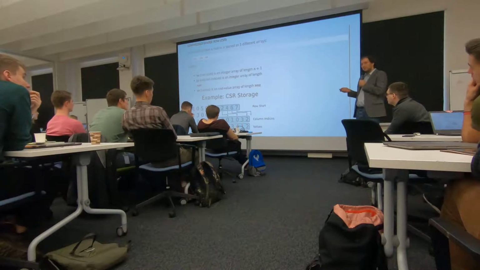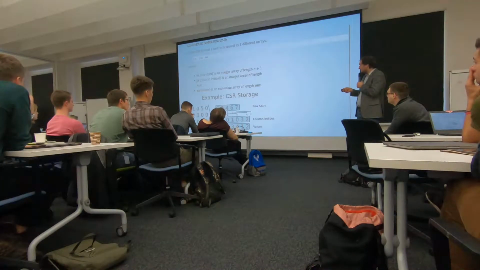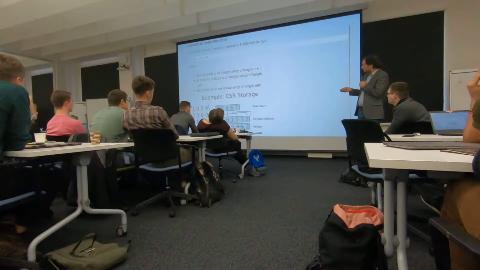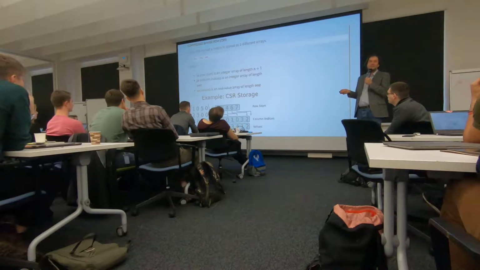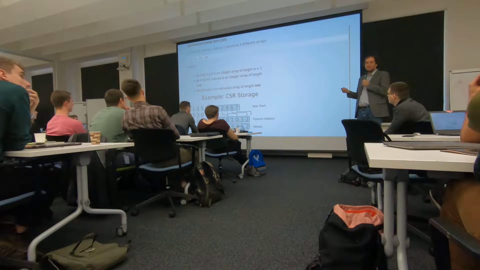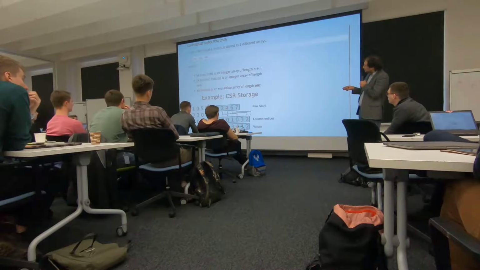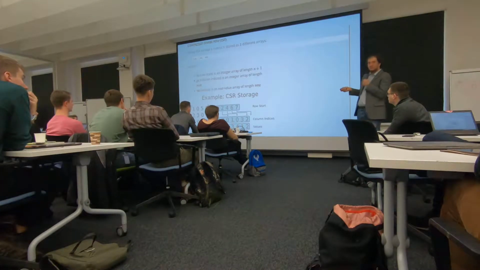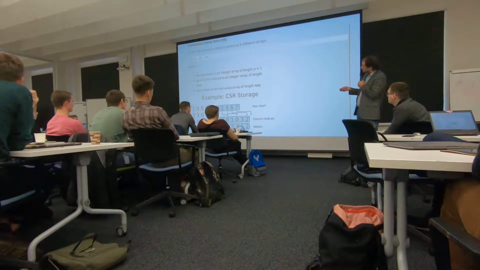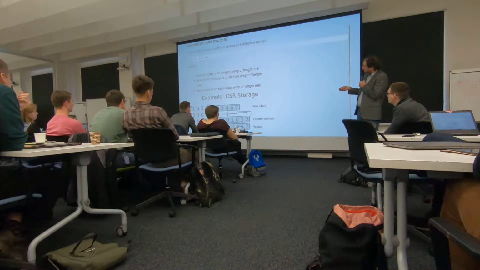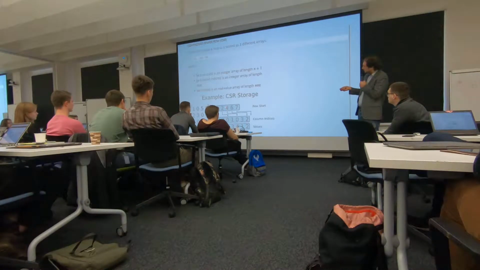What we do not store are the row indices. Why? Because when we take these 2 elements, they are located in the same row, and we don't have to store the same row index. We only store the information where a new row begins. So the first row begins here, the second row begins here, and so on.